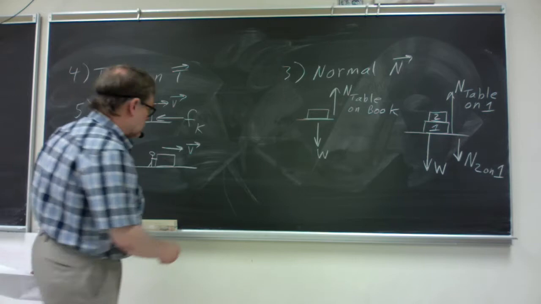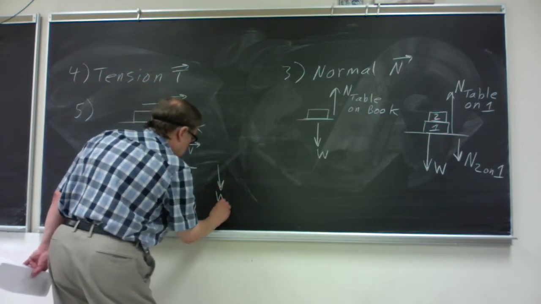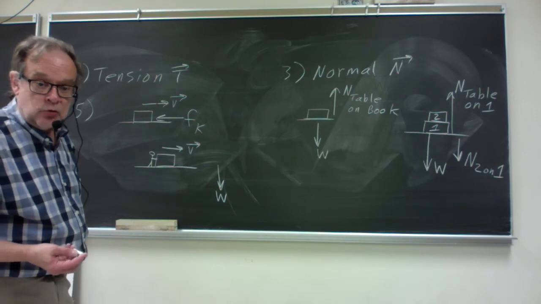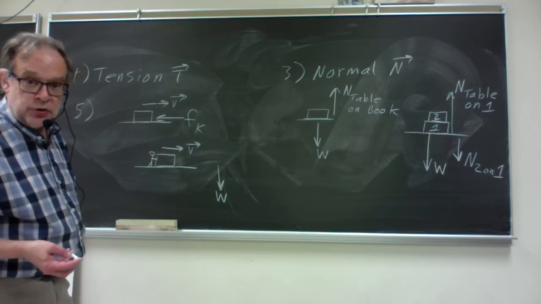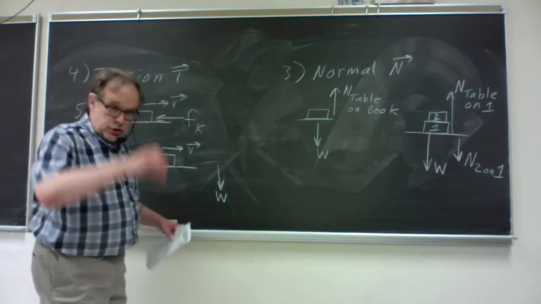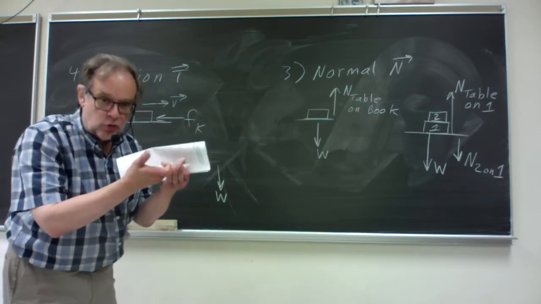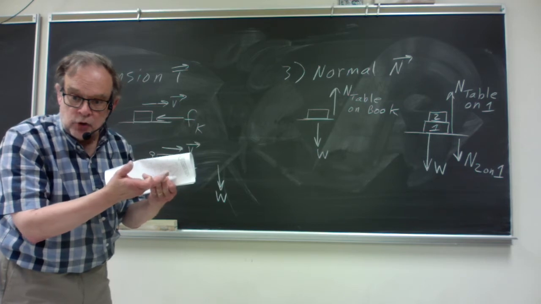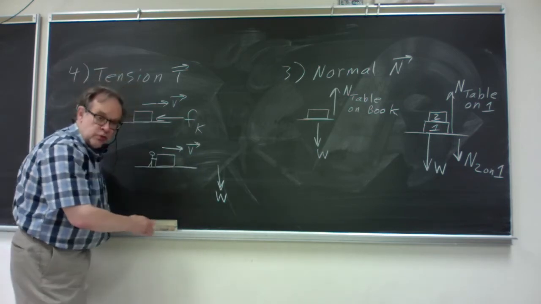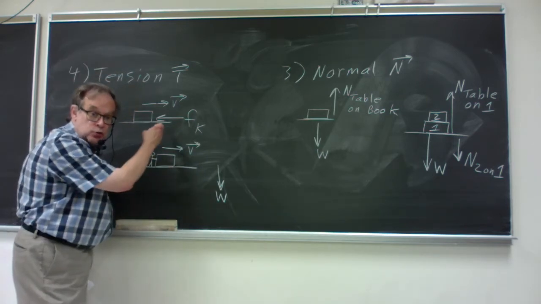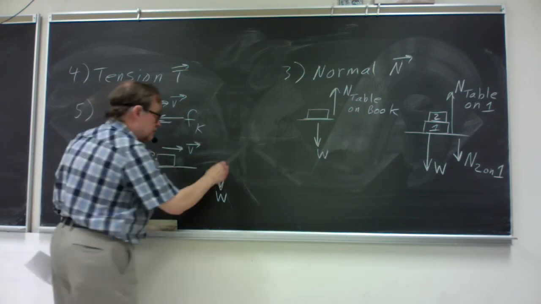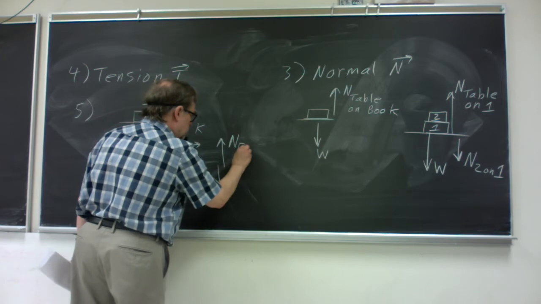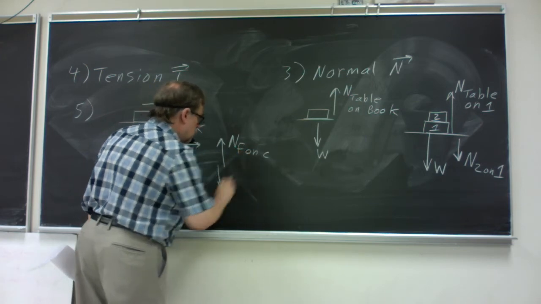There is, of course, weight, the gravitational force from the Earth pulling straight down, towards the center of the Earth, on the crate. And since the crate doesn't fall, we know there's a normal force from the floor pushing up on the crate, a horizontal surface pushing in a direction perpendicular to the surface. That's a normal force. So normal force from floor on crate.